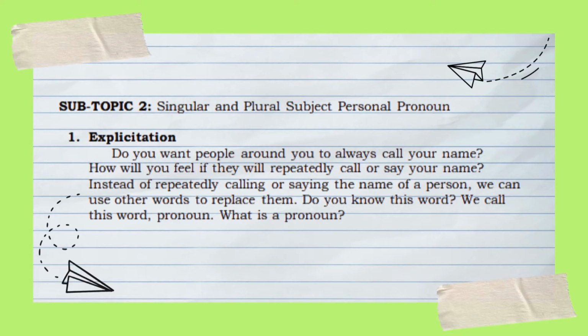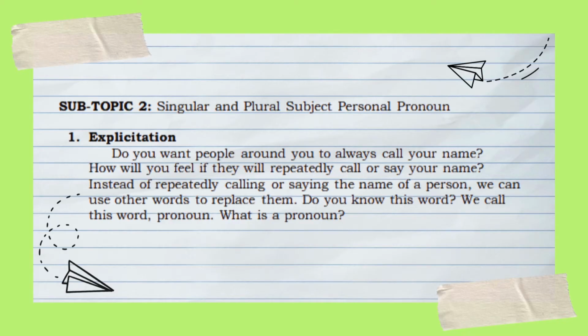Because when we repeatedly say or mention or write the noun, the name of a noun, it is painful to the ears. That is where the pronoun comes in. So that we don't repeatedly say or repeatedly write the names of the noun.